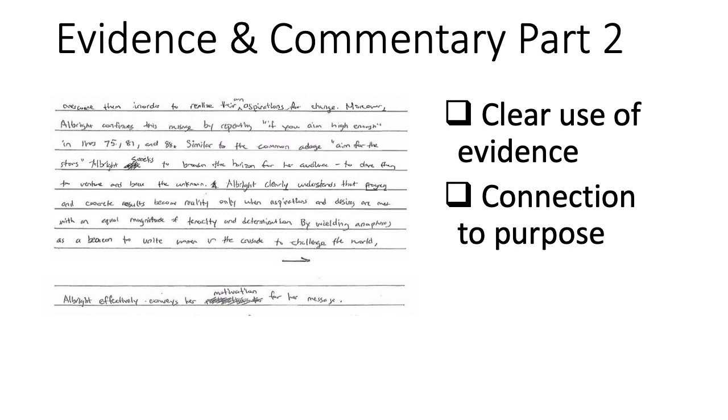That said, of course, the quote is accurate, and then making the connection to aim for the stars or shoot for the stars, which is the common phrase. There's once again a connection to what is happening, a great understanding of the world, and how the women in the audience are going to be impacted. So all around, once again, we're seeing great evidence and commentary.